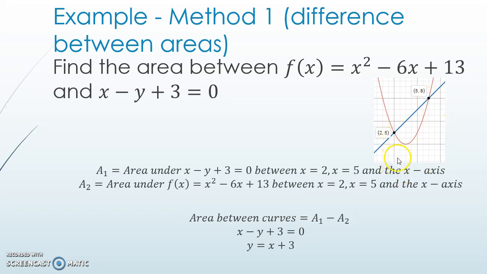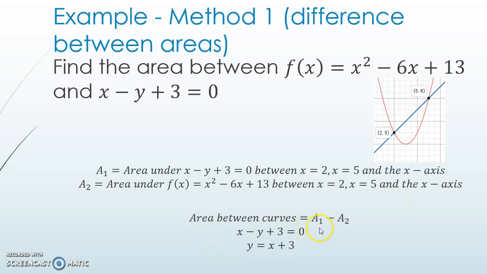So basically this area there is what I'm going to calculate first. Second area is going to be the area under this curve, so between this curve and the x-axis, and x equals 2 and x equals 5. So we're going to get a large area, subtract this small area, and the remainder is going to give us the area between those two curves.